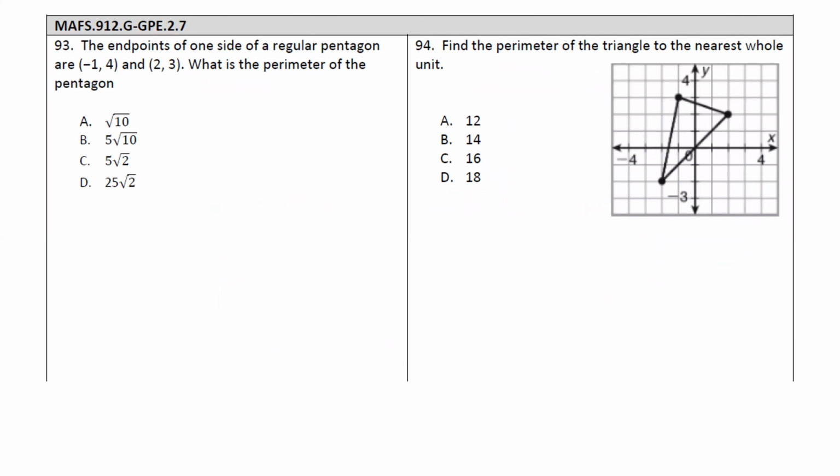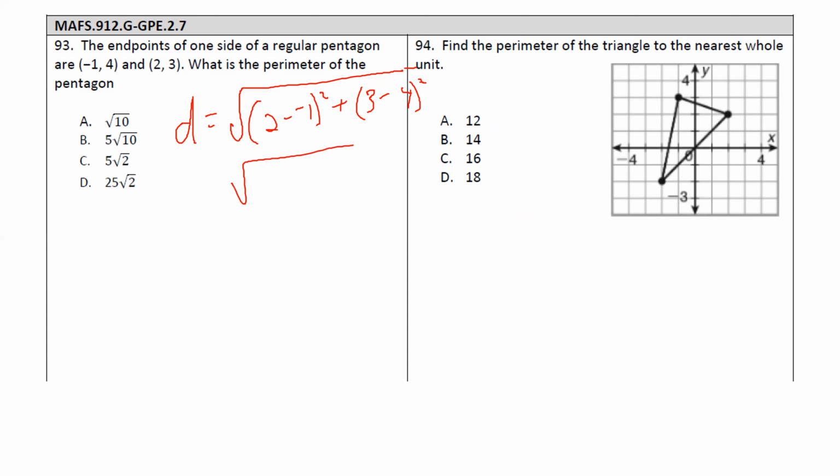All right. On 93, the endpoints of one side of a regular pentagon are these. What's the perimeter of the pentagon? We have to find the length between them, so we could use the distance formula. Distance equals the square root of the change in the x's, 2 minus -1 squared, plus the change in the y's, 3 minus 4 squared.